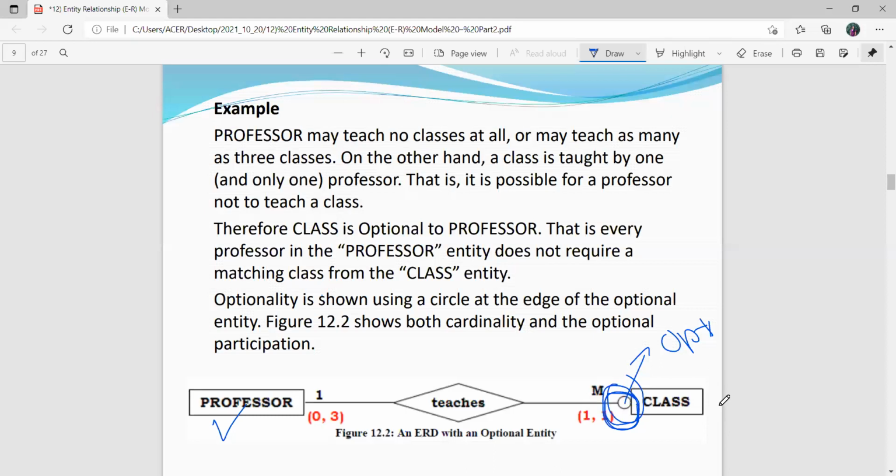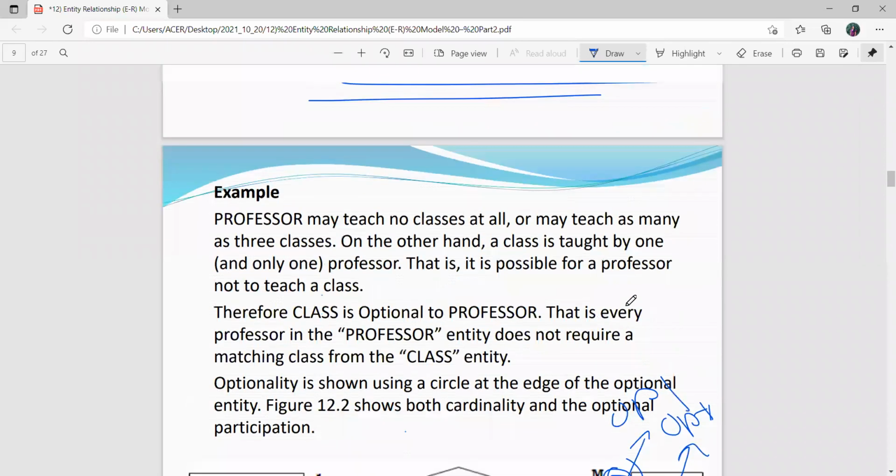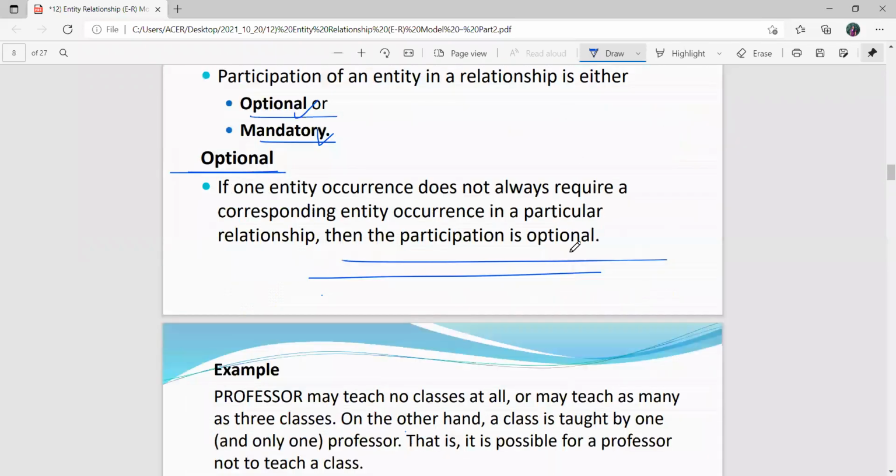The class is optional. So you can use this circle to denote the optional relationship. This circle is denoted on the optional entity side. Okay. Is it clear? Yes, madam.